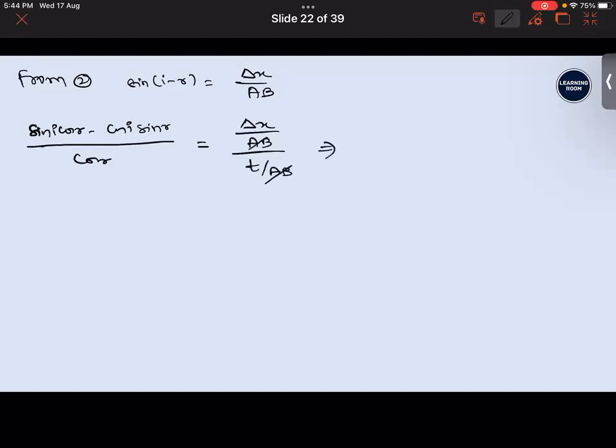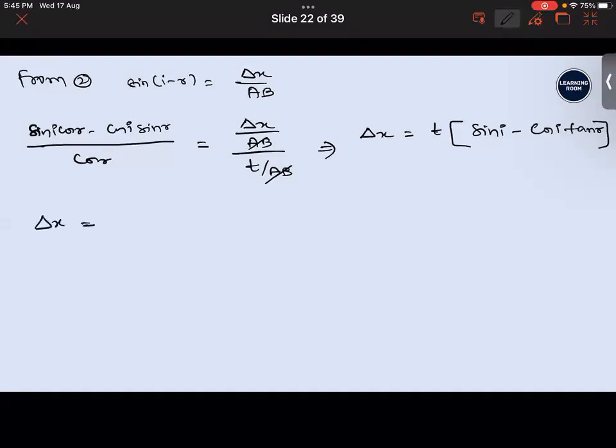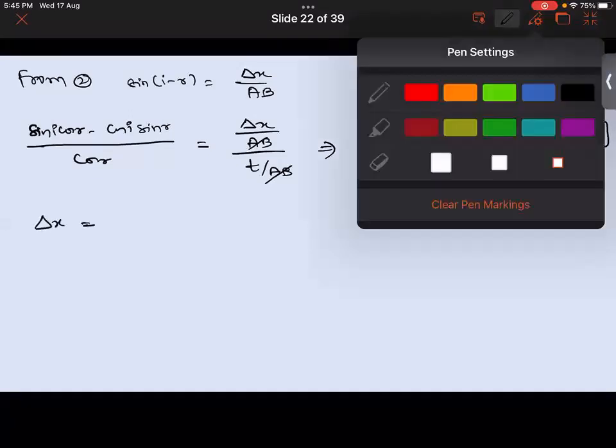AB and AB will get cancelled, which implies delta x is equal to t into sin I minus cos I tan r. Okay. So delta x is this value.